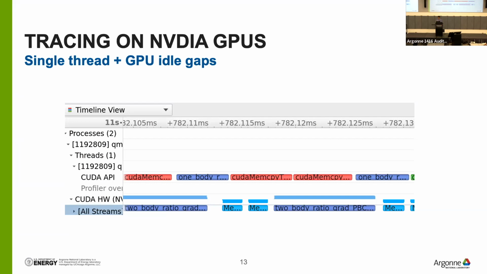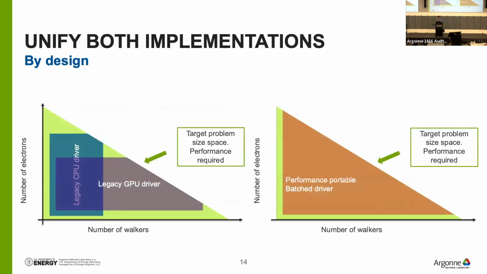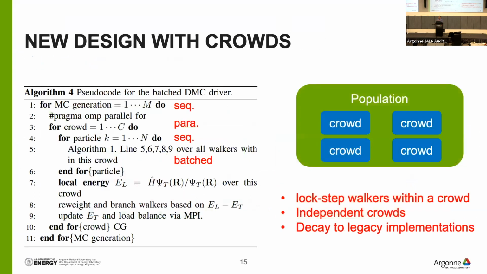So we would like to change this scenario by introducing a unified framework to handle the workers. We call it batched drivers, which cover a better spectrum in the number of workers and also the number of electrons. This is our solution, by merging these two code paths.